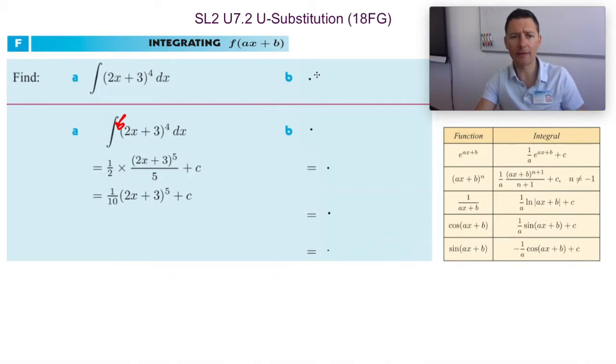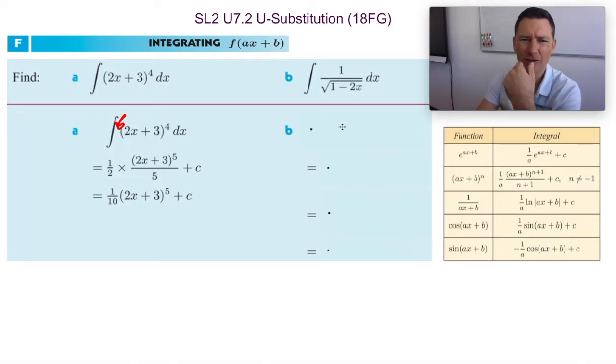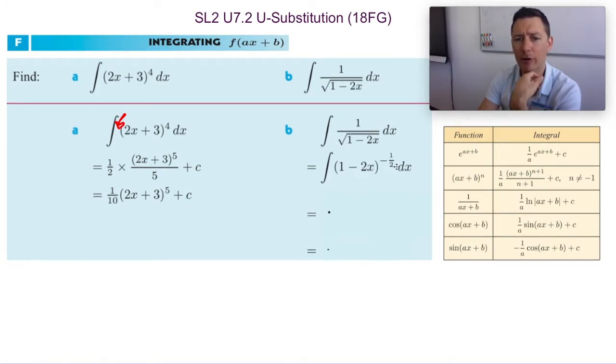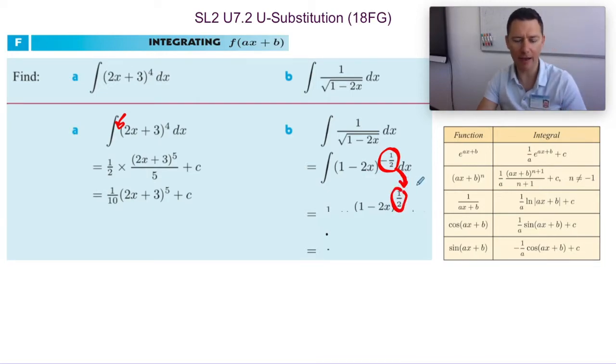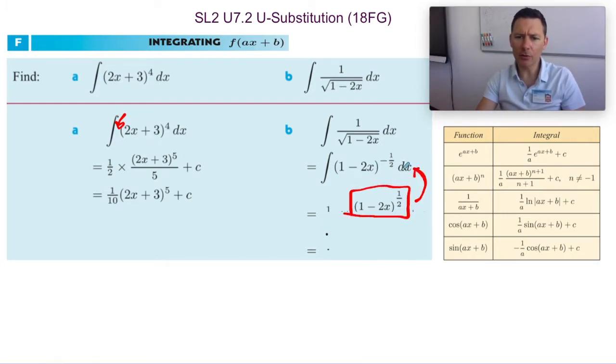All right, let's try it with this guy. Let's change his format up a little bit so it looks a little nicer. Instead of the square root, we're going to use a half. Instead of the denominator, we're going to use a negative. That's a little more straightforward to use. I know that if we integrate this, we're going to get this part, right? The exponent increases by 1, so it goes from -1/2 to +1/2. That's not a big deal. And if we just took this and differentiated it, we should get this back.